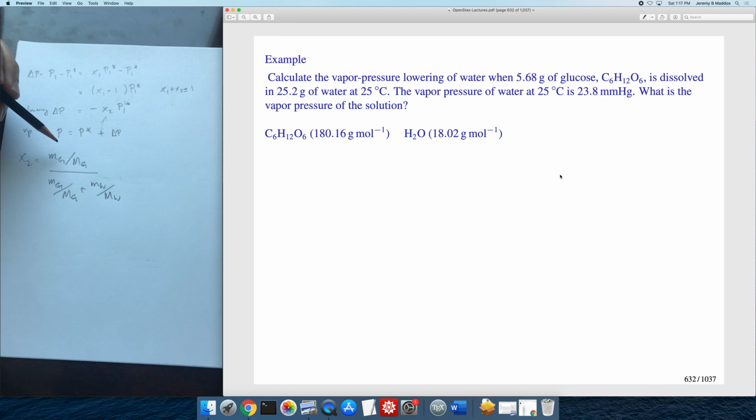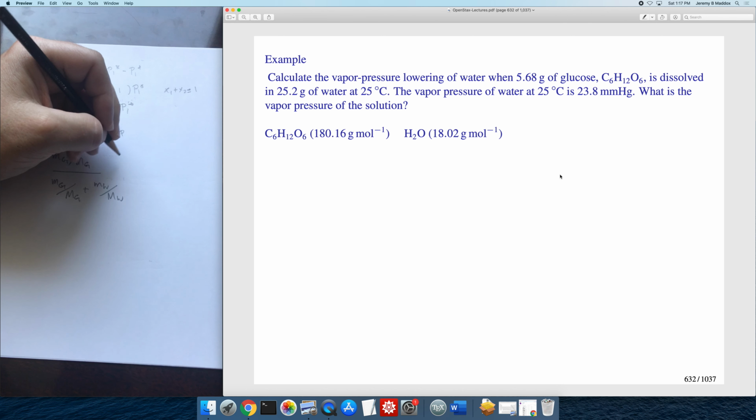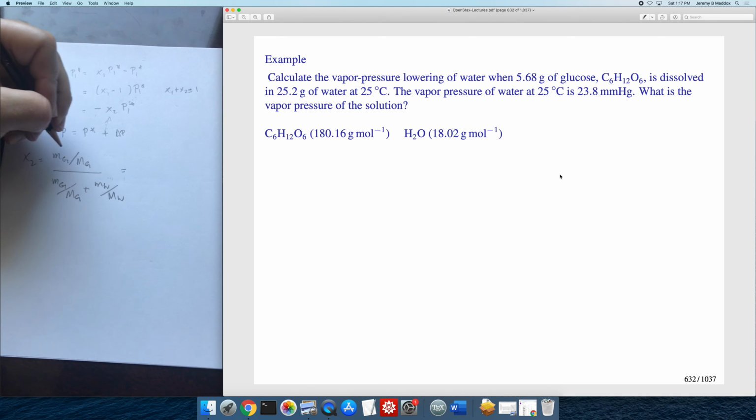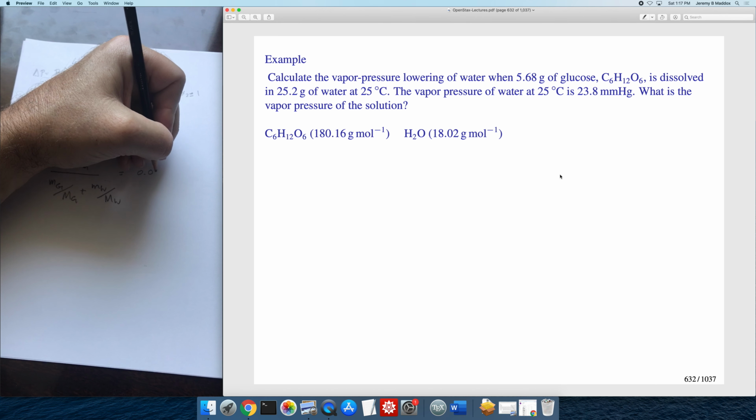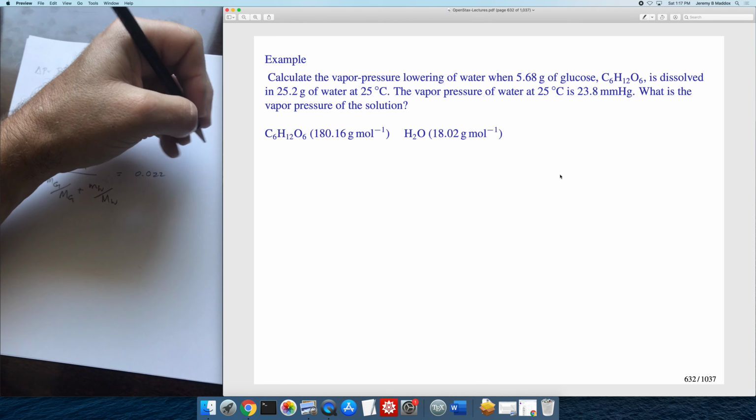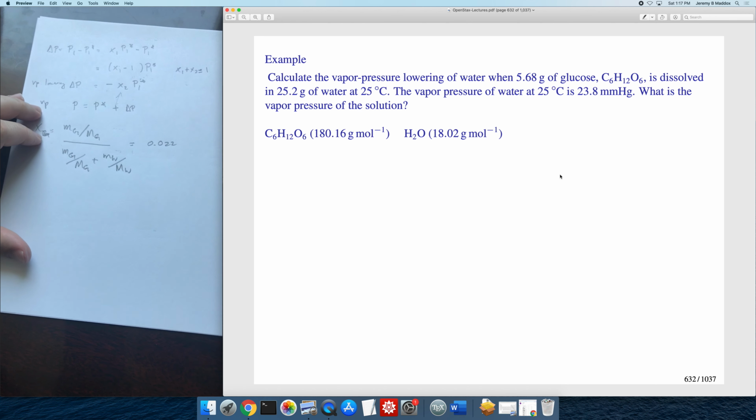I'm going to do it again, 5.68 divided by 180.16 plus 25.2 grams of water divided by 18.02, quantity closed. So I'm getting a mole fraction for the glucose. Getting a mole fraction is 0.022, unitless.